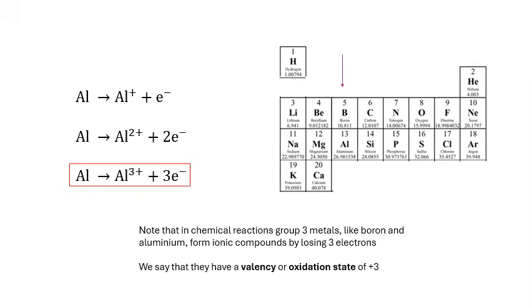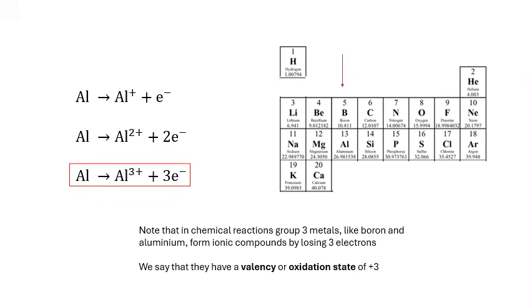Just a note there, let's say, for example, aluminium is in group 3, and if aluminium takes part in a chemical reaction, it's going to become Al3+. It's going to lose 3 electrons and become a 3+ aluminium ion. We say that it has a valency or an oxidation state of +3, and that means that when it takes part in a reaction, it loses 3 electrons.